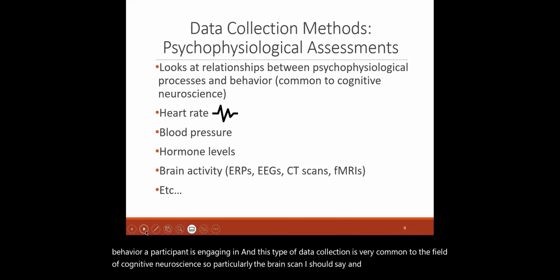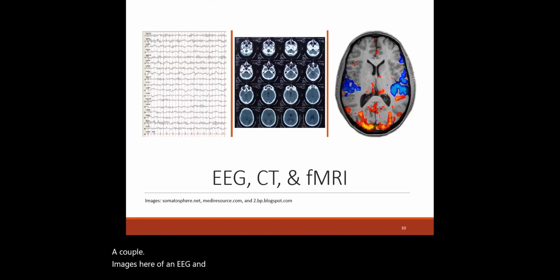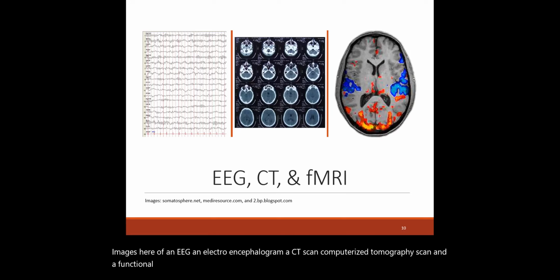And I have a couple images here of an EEG, an electroencephalogram, a CT scan, computerized tomography scan, and a functional MRI, functional magnetic resonance imaging scan, just so you can kind of see the differences in those scans.